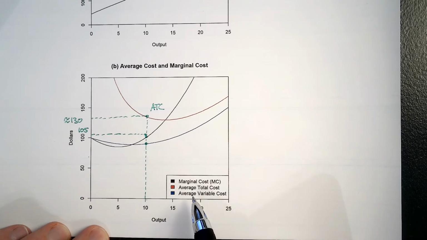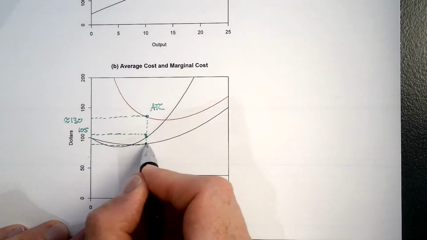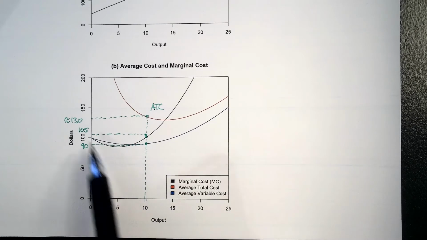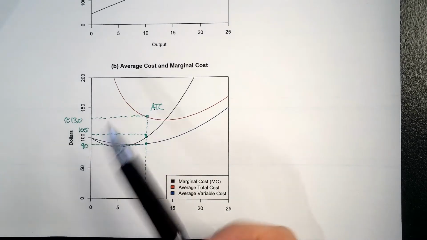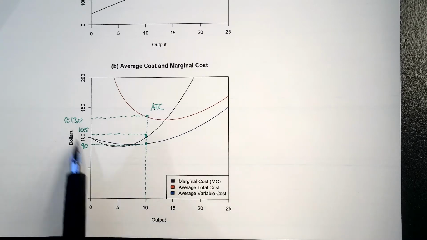Note that if we are only interested in the average variable cost, this does not include the fixed cost. Then we see that it would cost us not $130, but if we take out the fixed cost, each unit of output would only cost us $90.